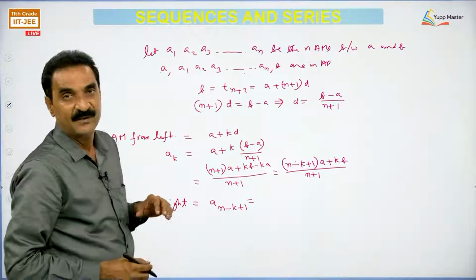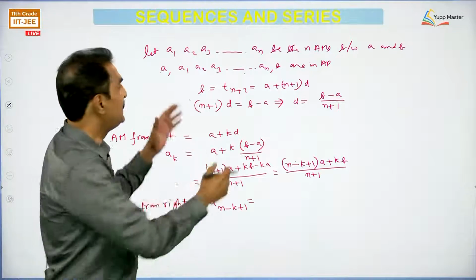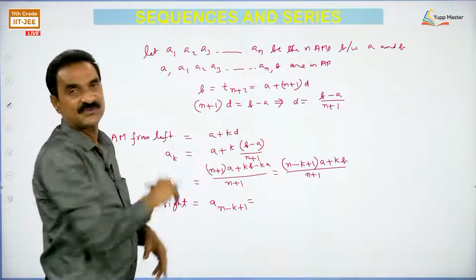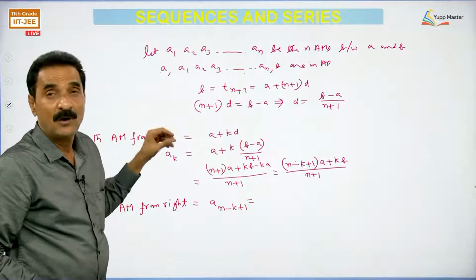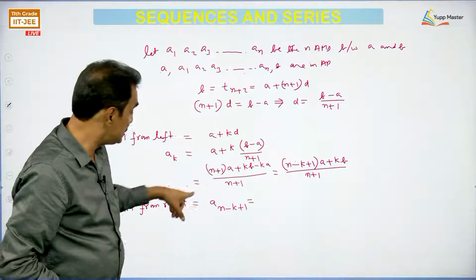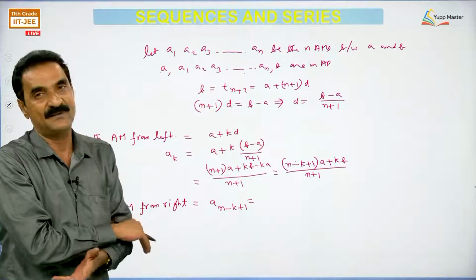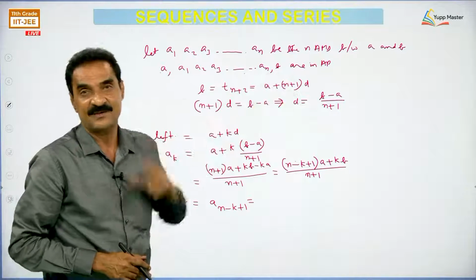Again, you don't need to calculate like this. Simply, if you write the AP backwards from B to A in decreasing order, what happens? This kth AM from right becomes the kth AM from left, where B becomes the first term and A becomes the last term.